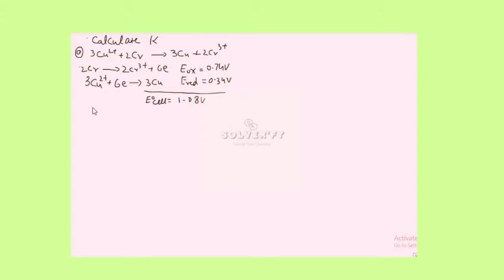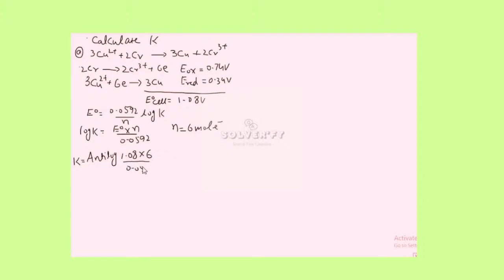To determine the K, we will use the equation that E naught is equal to 0.0592 divided by n, where n is the number of electrons lost or gained in the reaction, into log of K. Or we can write that log of K is equal to E naught of the cell n divided by 0.0592, or K is equal to antilog of E naught 1.08, multiplied by n, which is 6 moles of electrons, divided by 0.0592.